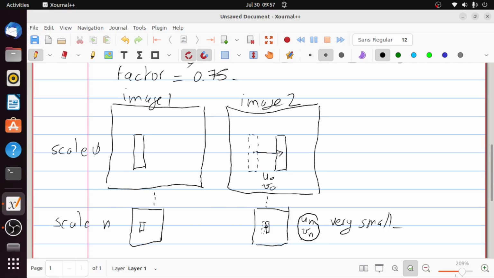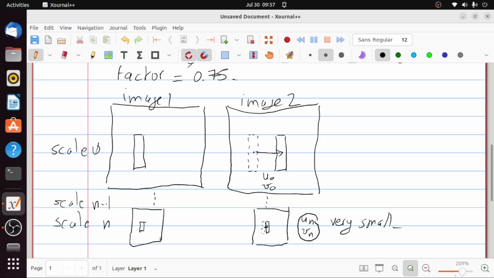So you can compute the Un, Vn at scale n, and you use this solution as your starting point for the scale before that, so scale n minus 1. And again, you can linearize because the displacement is going to be small.